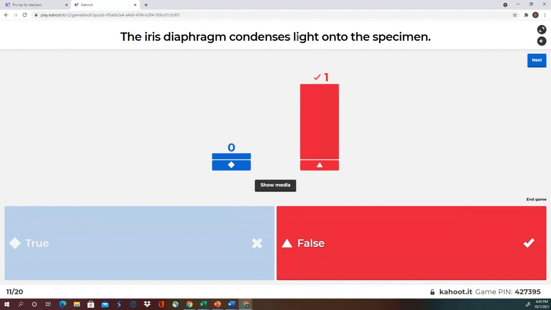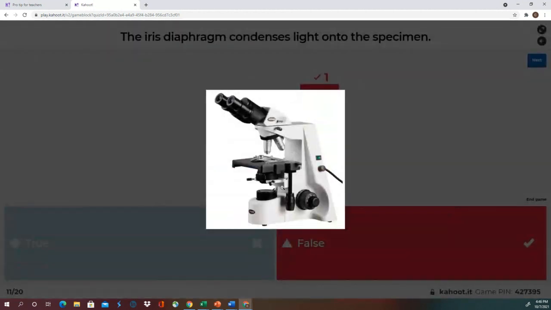The condenser is going to be what condenses light onto the specimen. So remember, I posted a video about the tour of a microscope where I walk through all of the parts of the microscope and their function. You are definitely going to need to know the parts of the microscope and what they do. You're going to want to know the name and magnification of each of the objective lenses.